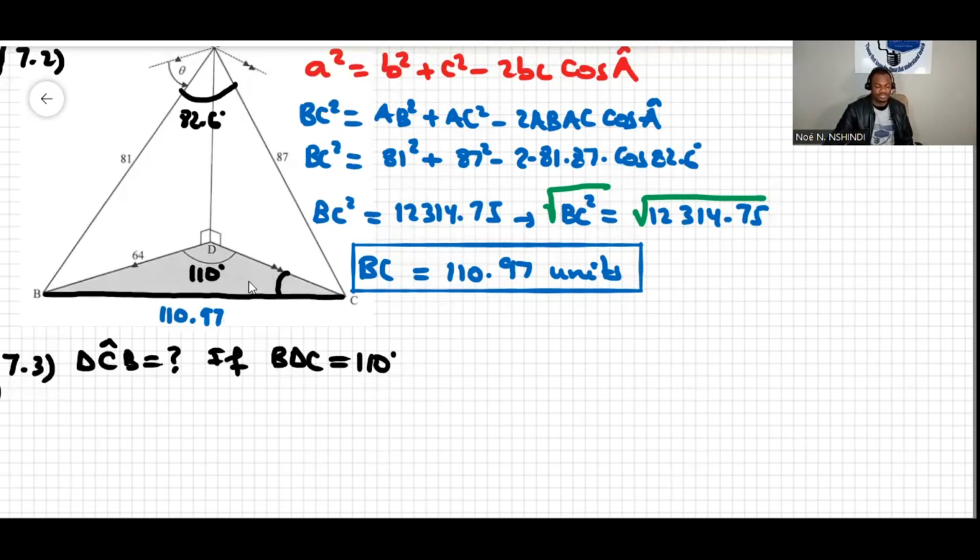We can just do the sine rule. The sine rule says: sine of A over side A equals sine of B over B equals sine of C over C.